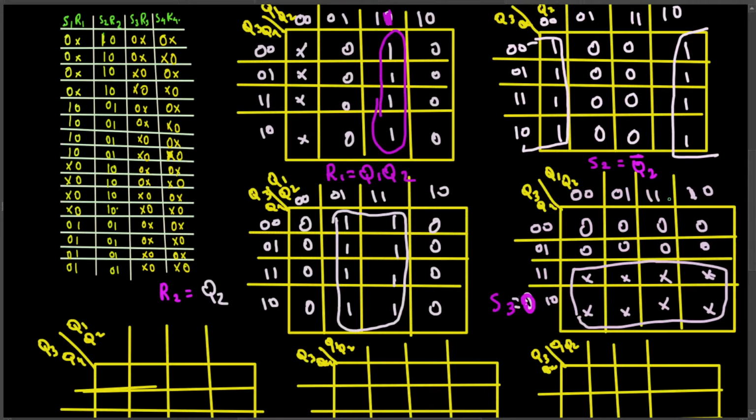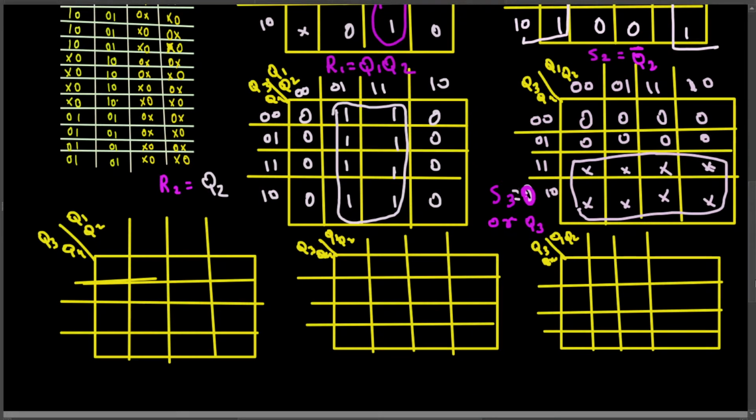Q1 changing, eliminated. Q2 changing, eliminated. Q3 is 1 and 1, so that stays. Q4 is changing, eliminated. So you can put 0 or Q3. It's up to you. You can design both ways. Both of them are right.